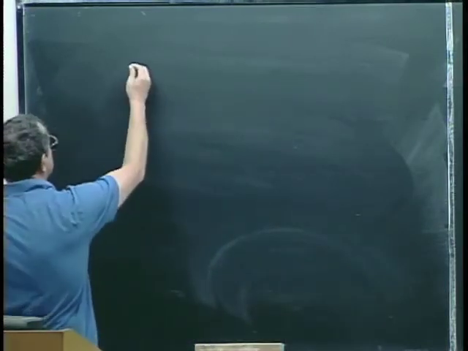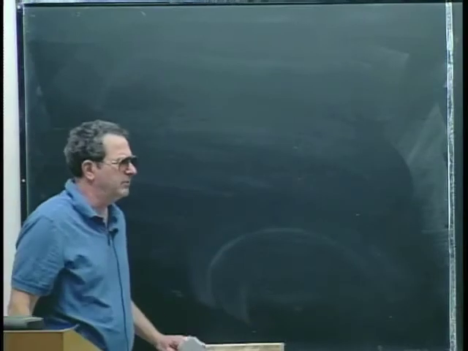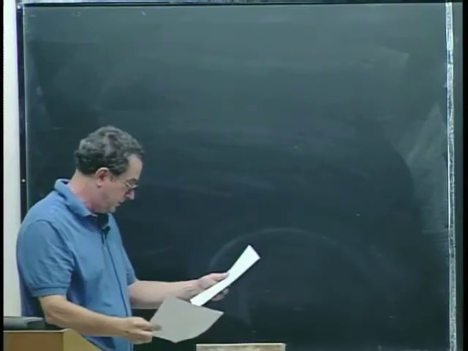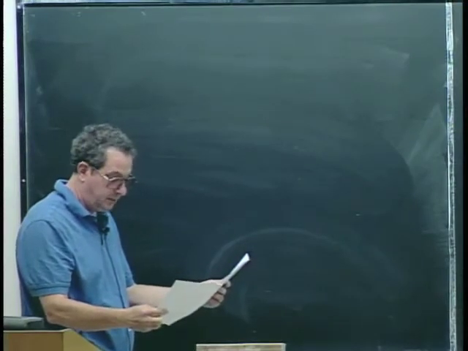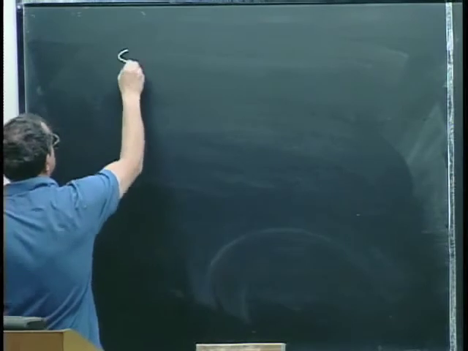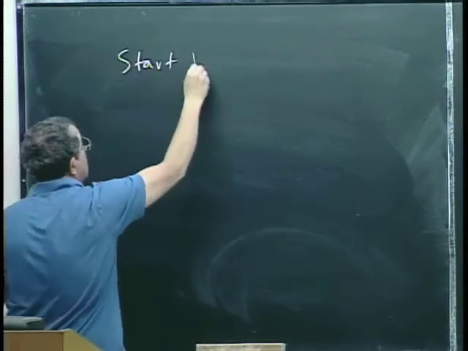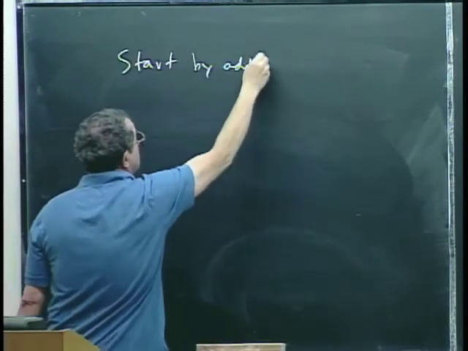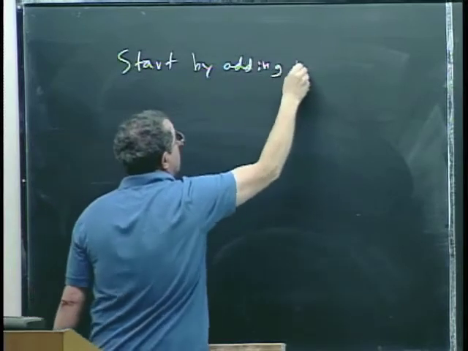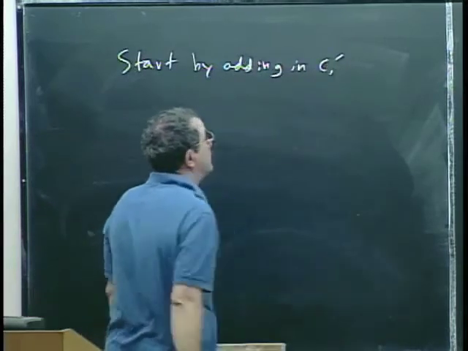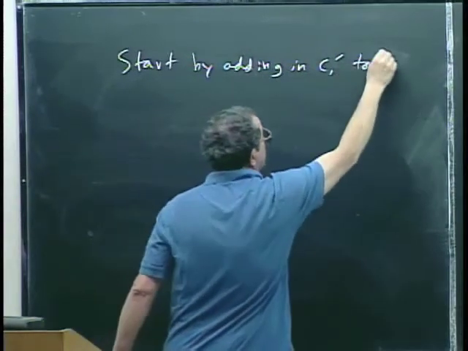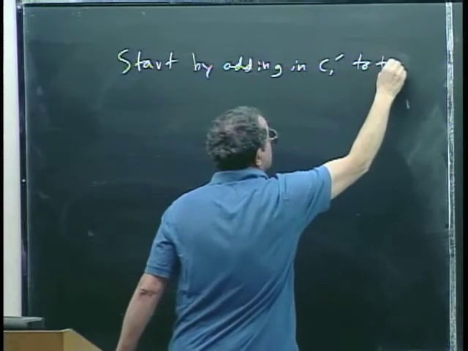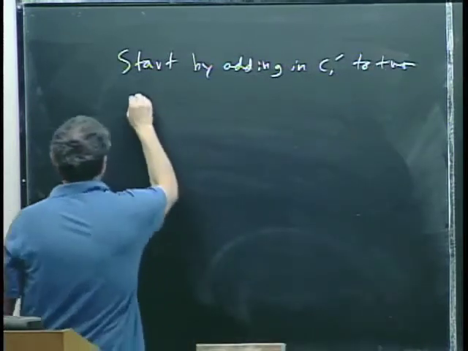Well, the way I have it written here, we're going to add in, this might be a slight violation of what I just said, but you'll forgive me. Okay, we're going to start by adding in C1 prime to two empty parses.